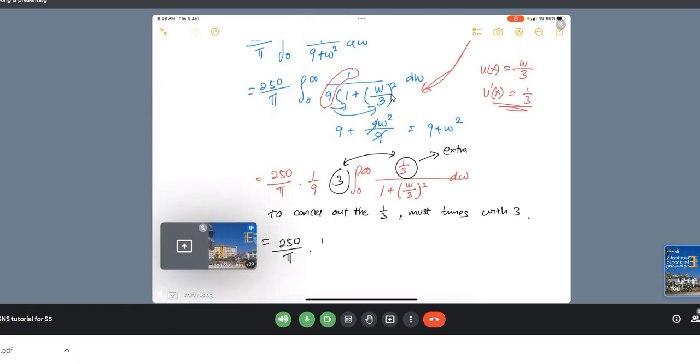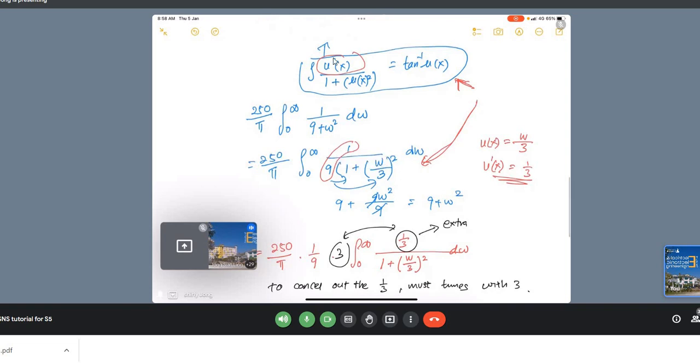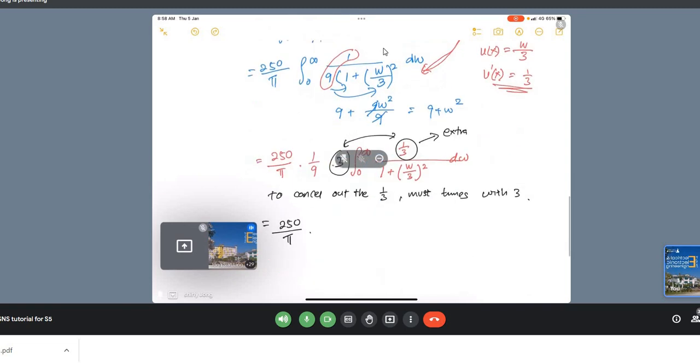So now let's check whether what we obtain here fulfills the formula. If you look at the formula here, the integration of u prime divided by 1 plus ux square equals inverse tangent ux. So if we look at what you obtain here, you change the format, this is the u prime divided by 1 plus ux square.